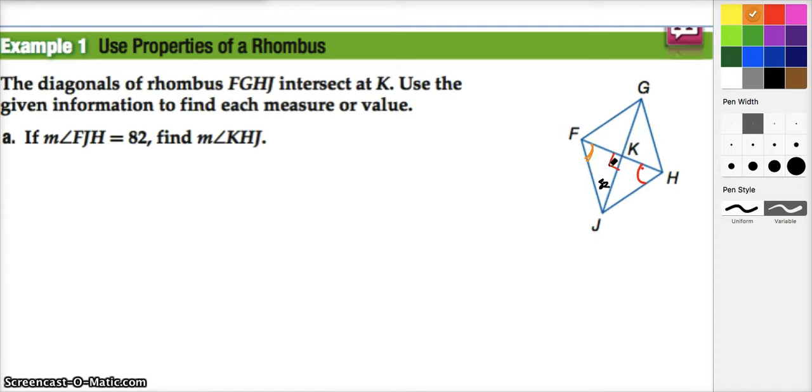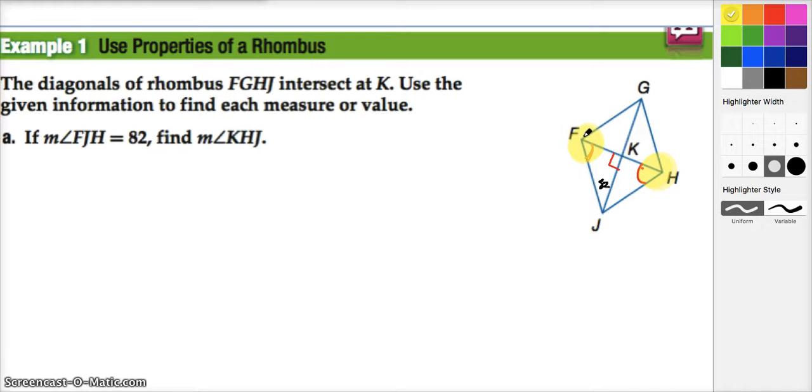Why am I finding this angle? Because I know from a previous theorem that these two opposite angles have to be congruent, right? The opposite angles of a parallelogram are congruent, and a rhombus is a parallelogram, therefore the opposite angles in a rhombus must be congruent.